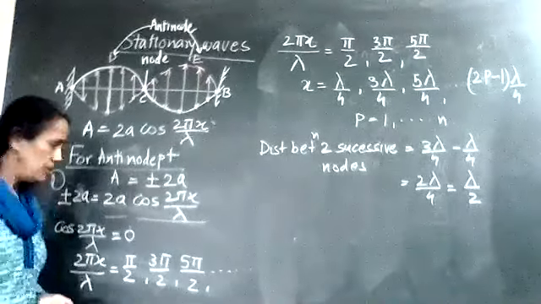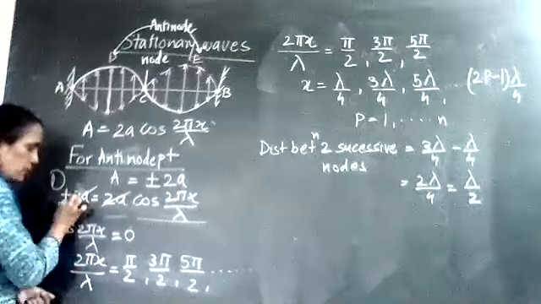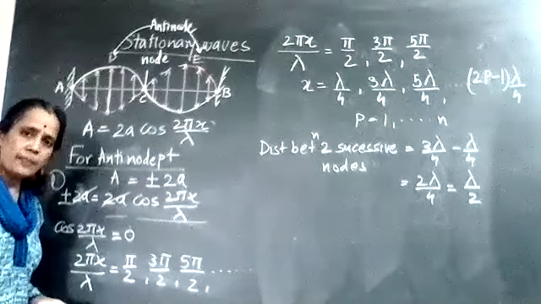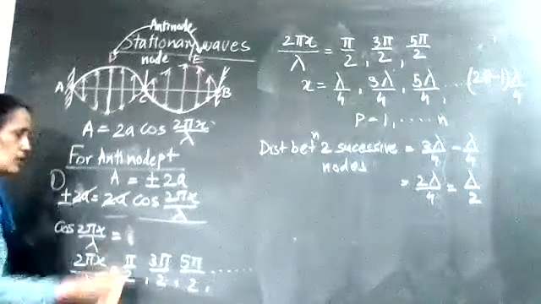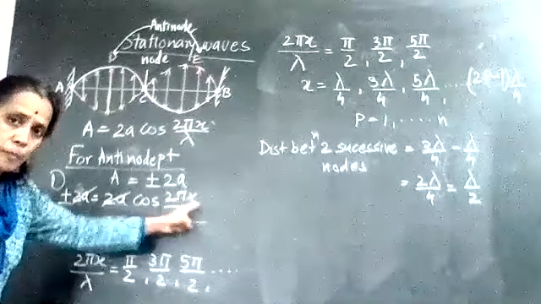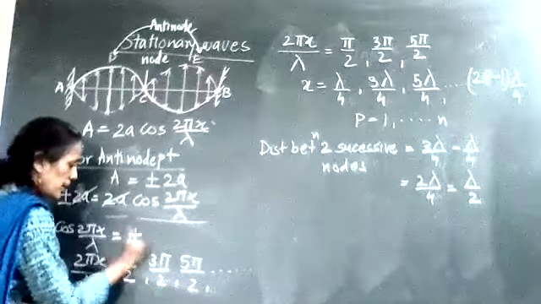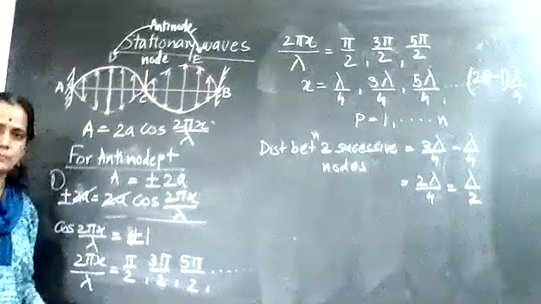That value I will write down. From both sides, the 2a factor will get cancelled. Which means what condition do I get? Your cos angle is what? Cos of 2 pi x upon lambda must be equal to plus minus 1.